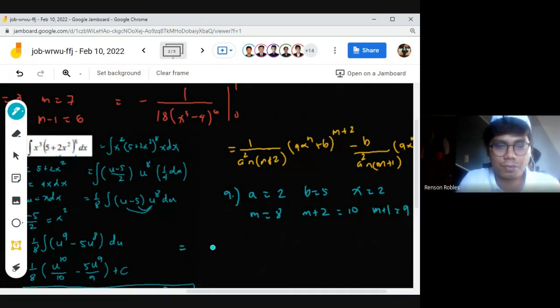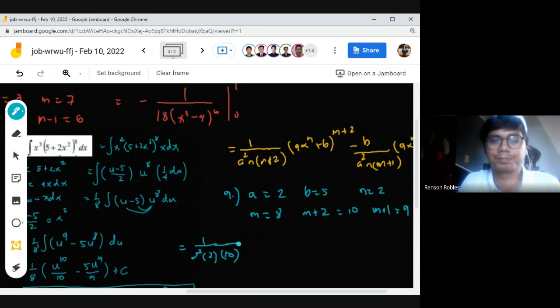You'll have 1 all over a squared, that's 2 squared times n. N, where is n? This is n. n is 2 times m plus 2, that's 10. Okay?